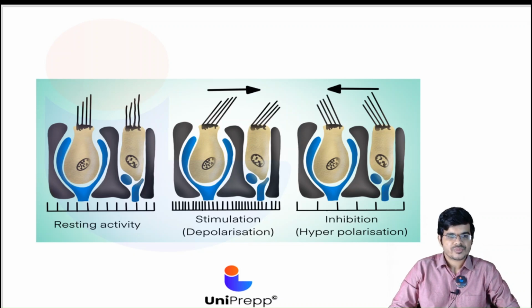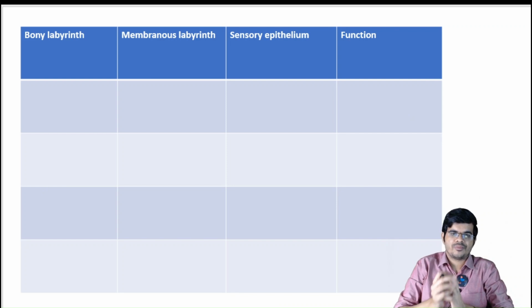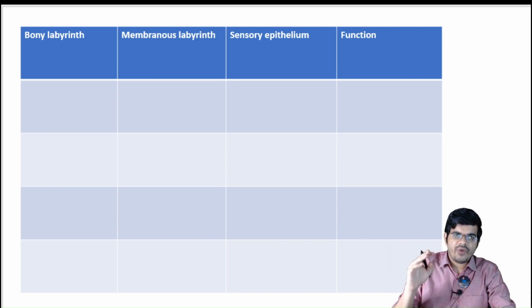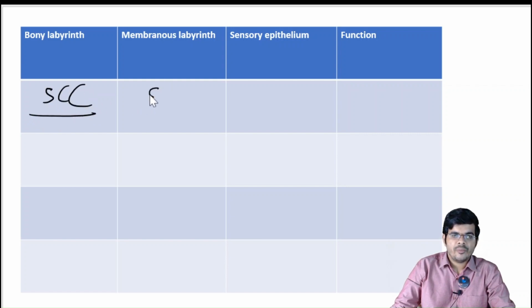Now let me ask you something. What are the various structures and what are their functions? Bony labyrinth. In the bony labyrinth, you have the semicircular canals, the bony semicircular canals. Correspondingly, you have the membranous semicircular canals. Now what is the sensory epithelium known as?